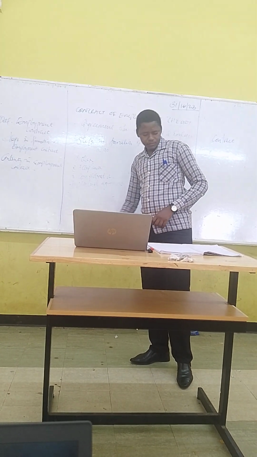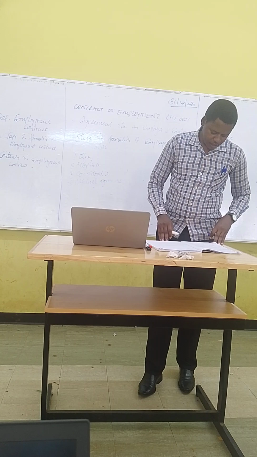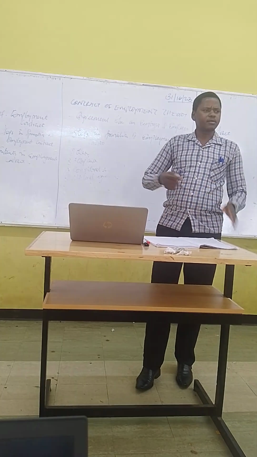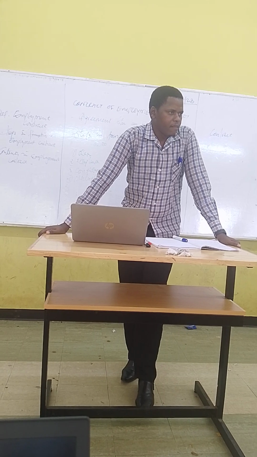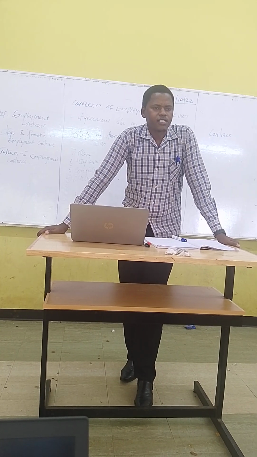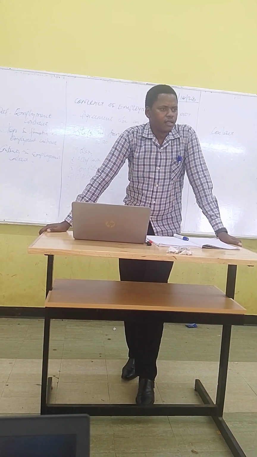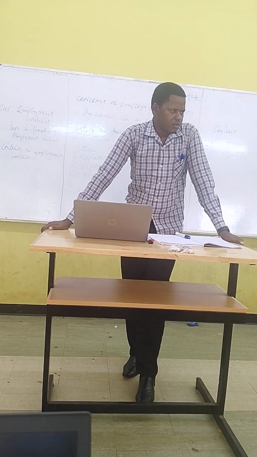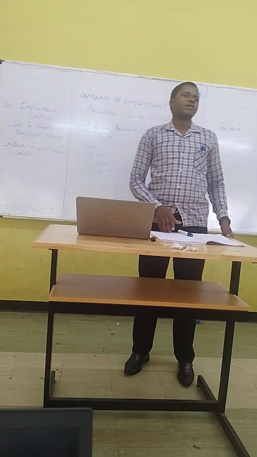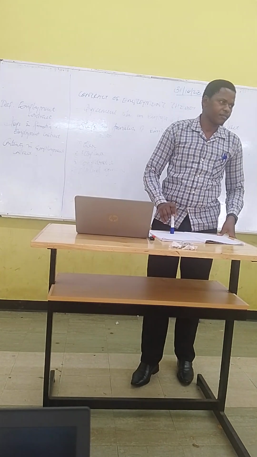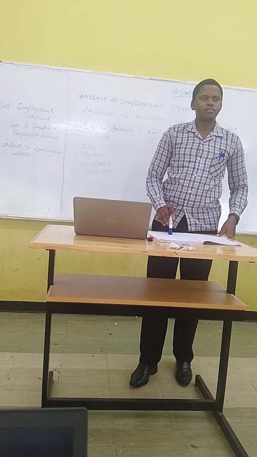And number 6, we have a written document. Remember, if anything happens, you are an employee, and something has happened to you, or for instance, the organization wants to terminate your contract illegally. You want to sue them.